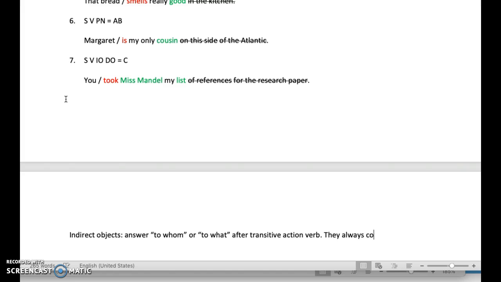They always come before the DO. Okay? Don't find one in a prep phrase. Because prep phrases are their own little packages. You're never going to find anything in there.